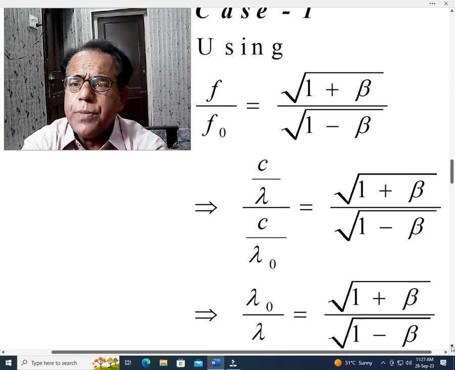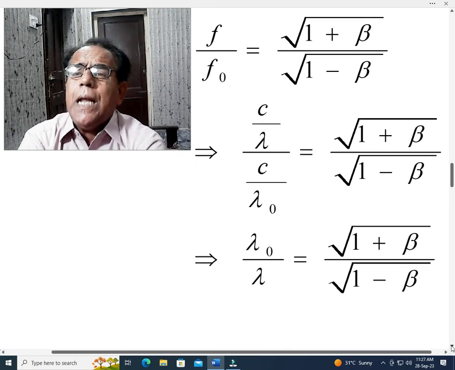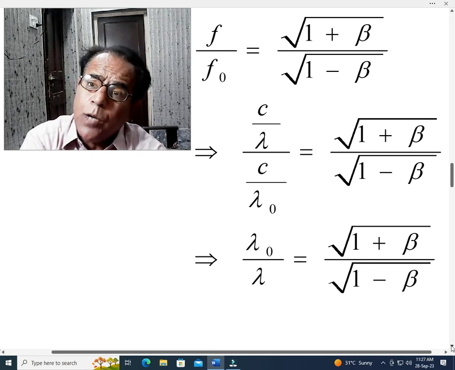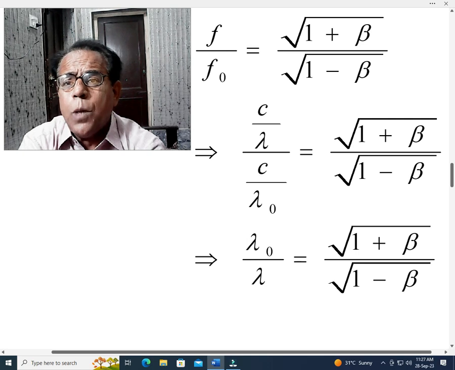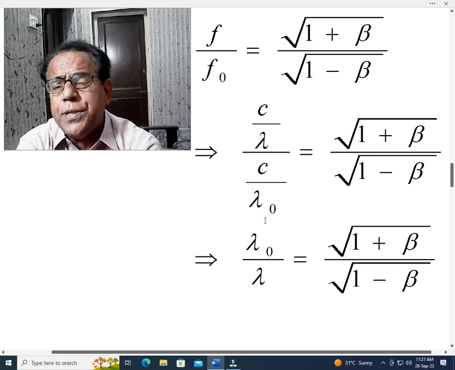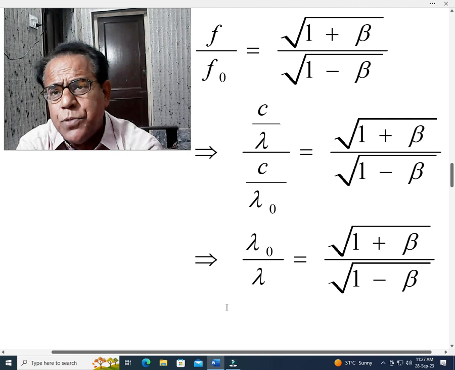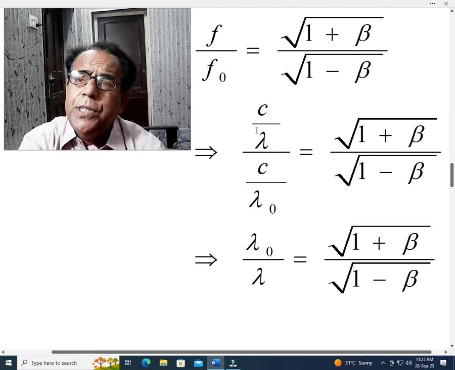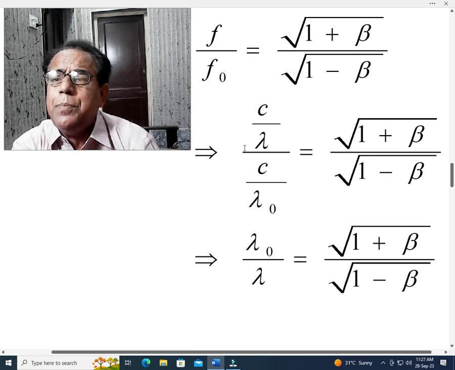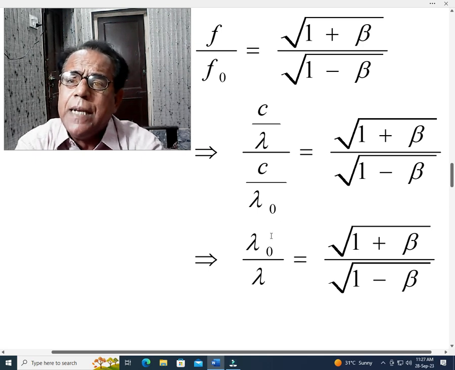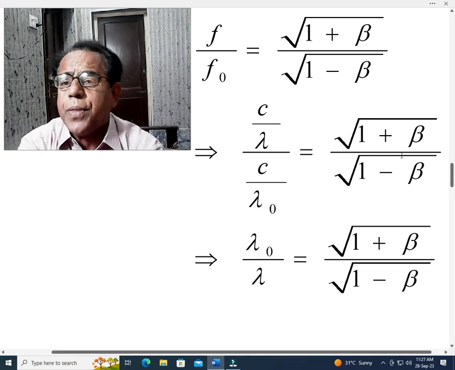Then the left hand side will become lambda naught over lambda, because the factor in the lower part of the denominator will be shifted to the upper part of the numerator. So it will become C over lambda into lambda naught over C, and hence C will be cancelled out with C and we will get lambda naught over lambda. This implies that lambda naught over lambda is equal to this.